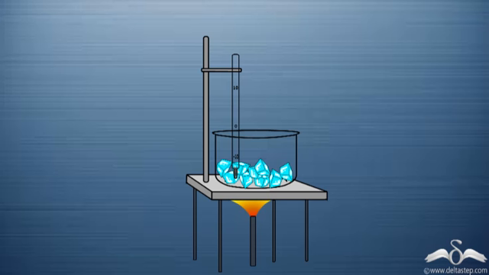So we take some ice cubes in a beaker and we heat it. There's a thermometer to check the melting point of ice. That is the temperature at which the solid ice changes into liquid water. So let's see. As we heat it, the temperature from minus 10 degrees Celsius rises to 0 degrees Celsius.